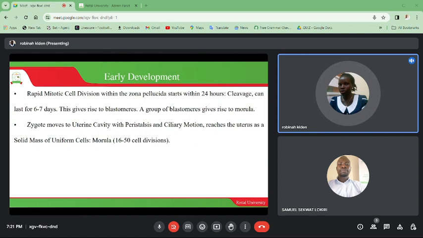So let us look at early development. In early development, rapid mitotic cell division occurs within the zona pellucida, which starts immediately within 24 hours after fertilization has taken place. So from there is the cleavage, which is formed. A cleavage is like a division which is formed within the fertilized ovum.